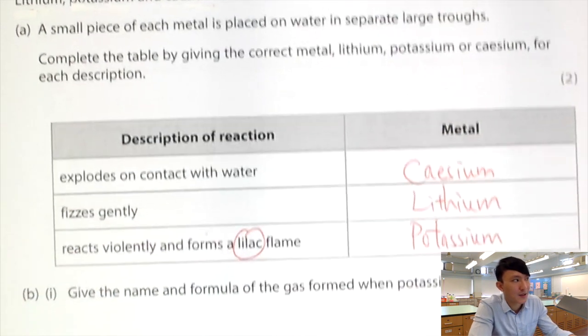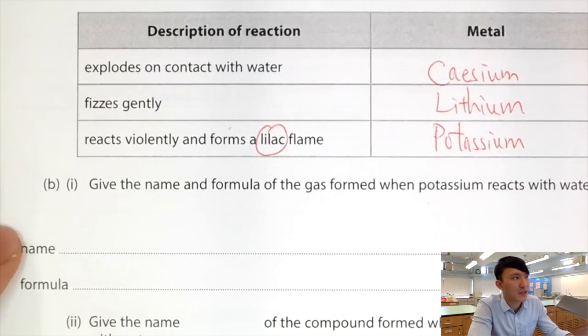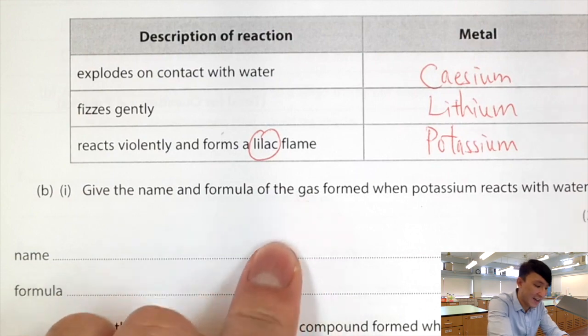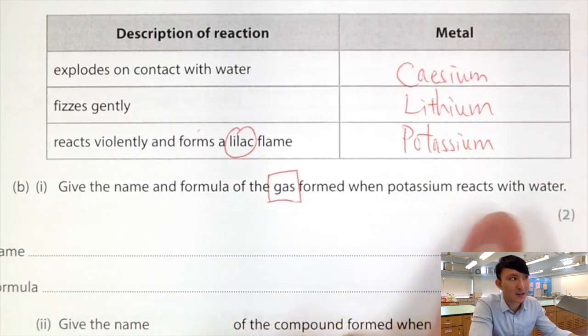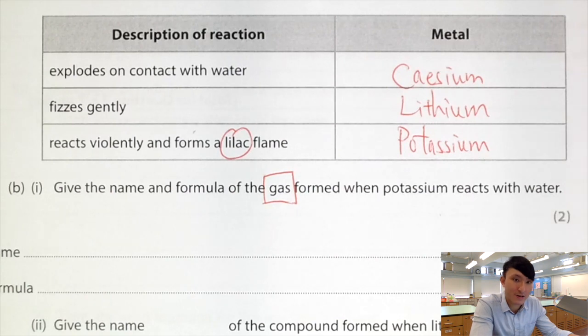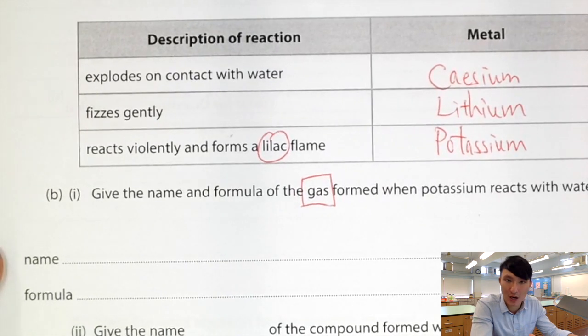Okay, now down here, B1: give the name and formula of the gas formed when potassium reacts with water. Now for group 1 metals, when they react with water, they give two different products. That includes a metal hydroxide as well as hydrogen gas.